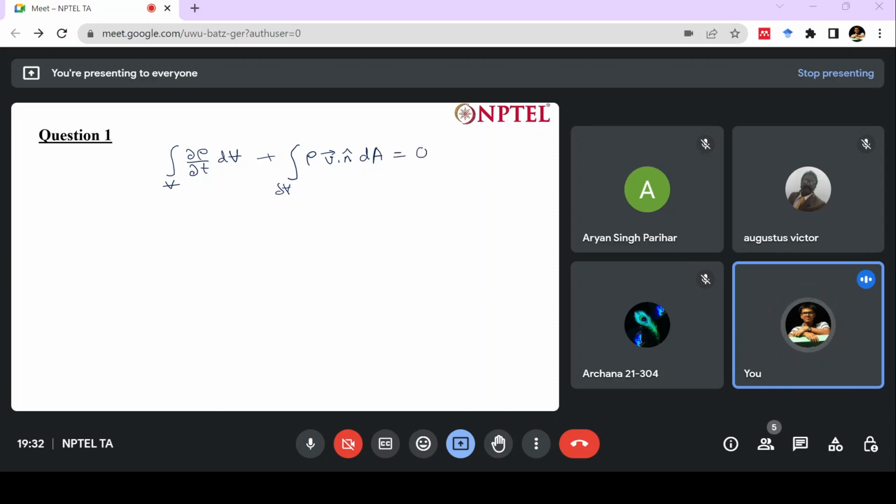This is equal to 0 if there are no mass generation or mass consumption terms. So this is my Reynolds transport theorem on the control volume.